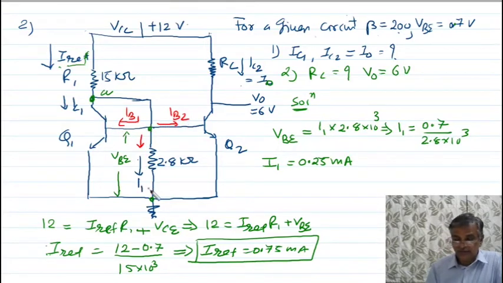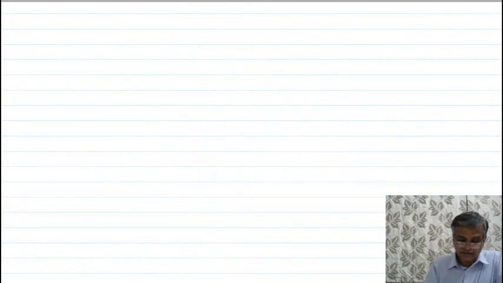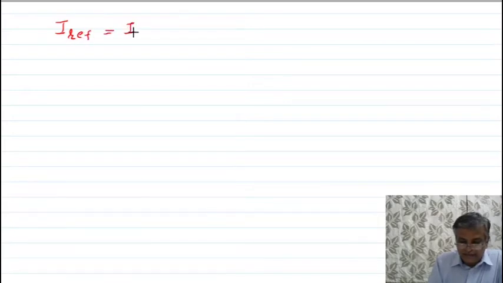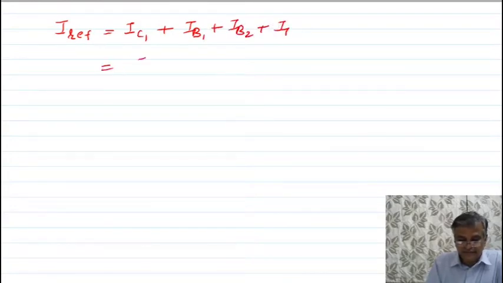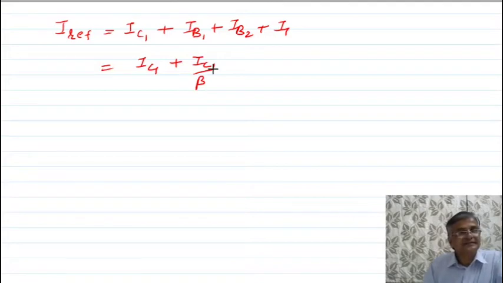So I am using this equation. I reference is equal to IC1 plus IB1 plus IB2 plus I1. IB1 is IC1 upon beta, plus IB2, plus I1.